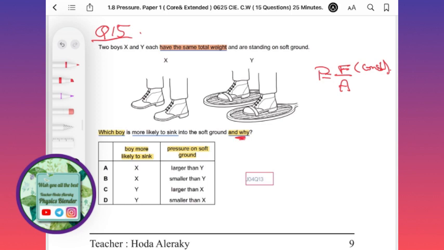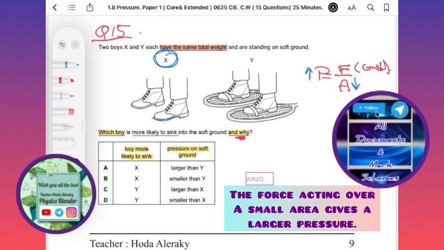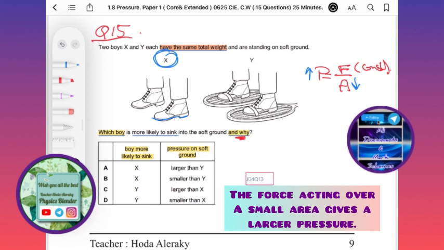More likely to sink means greater pressure, which means smaller base area. Which boy here has less base area? It's clear that it is boy X. So the contact area here is less and the pressure on the ground will be more. So the correct answer is A.